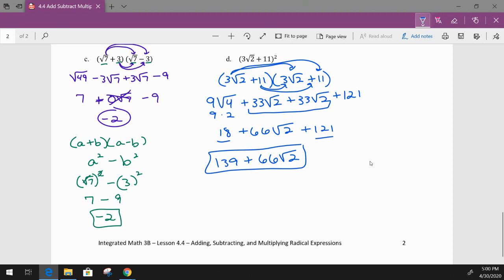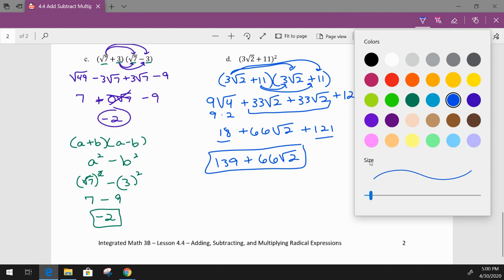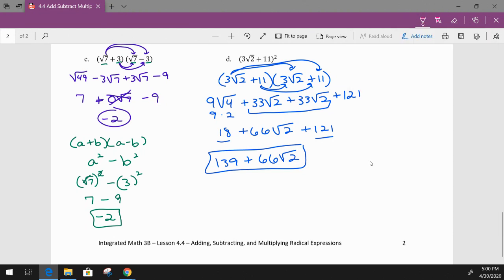The other is, again, using that special product rule that says if you have a binomial squared, now let me rewrite it down here. So a plus b squared equals the trinomial a squared plus 2ab plus b squared.